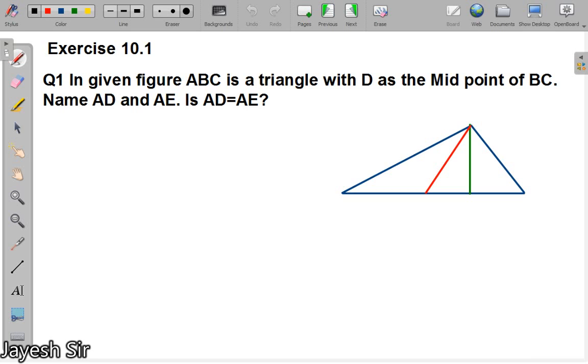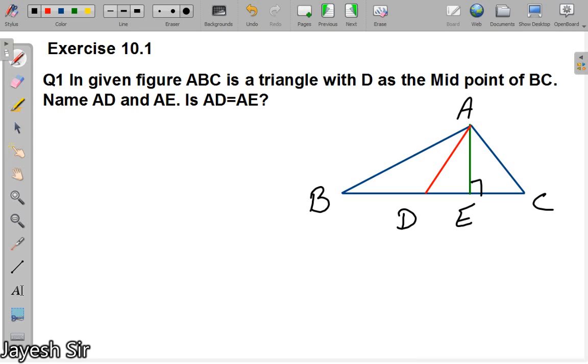So let us start with question number 1. Question number 1 is, in this given figure ABC is a triangle and AE and AD are two lines. AE is this green line, AD is this red line. AD is median and AE is perpendicular.